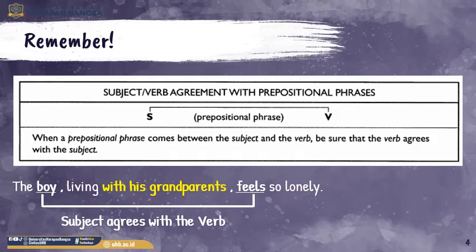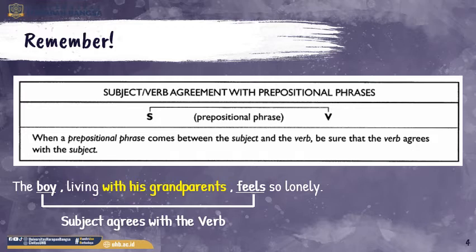So when a prepositional phrase comes between a subject and verb, be sure that the verb agrees with the subject. Kalau ada prepositional phrase di antara subjek dan predikat, maka ingat prepositional phrase itu tidak penting. Jadi tidak usah kalian pedulikan. Yang penting adalah subjek harus setuju dengan verbnya.